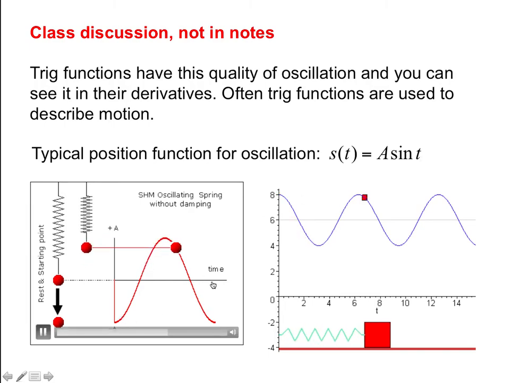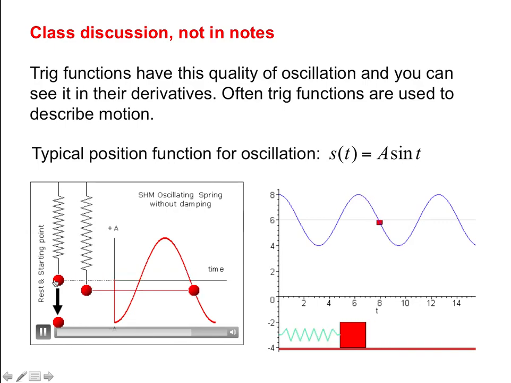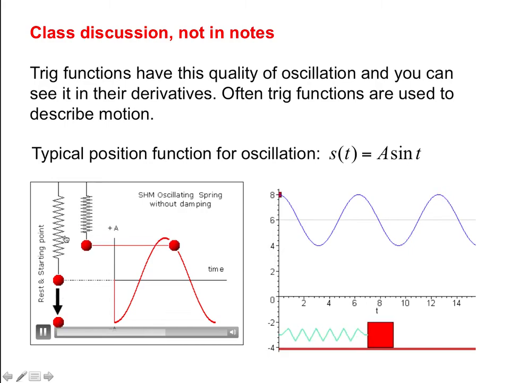And then this is also showing, you can do this vertically too, where you have a spring and a mass hanging on it, and when it's not in motion, it just extends the spring a little bit. But if you pull it down and then release it, then it starts to oscillate up and down. So again, we call this the equilibrium point if we were in physics, and that displacement from the center line is that amplitude.